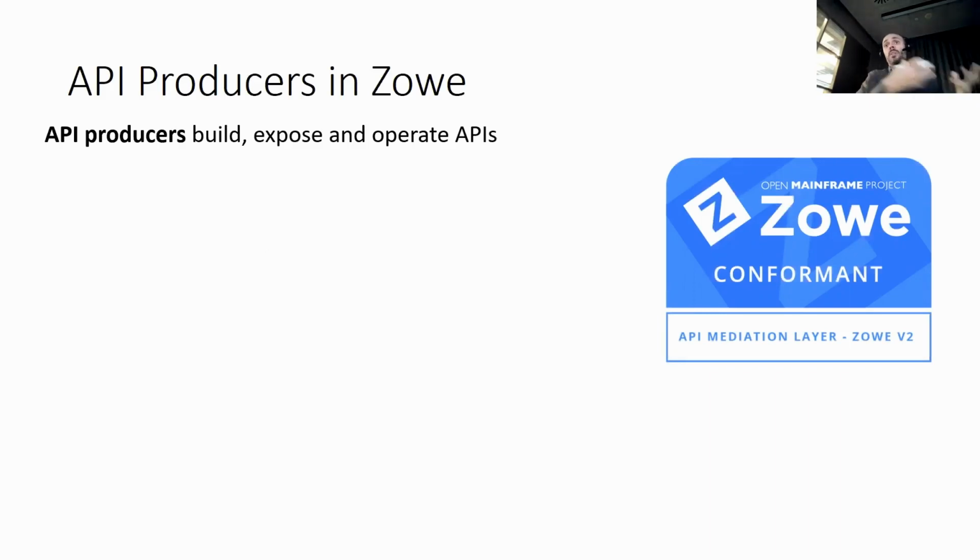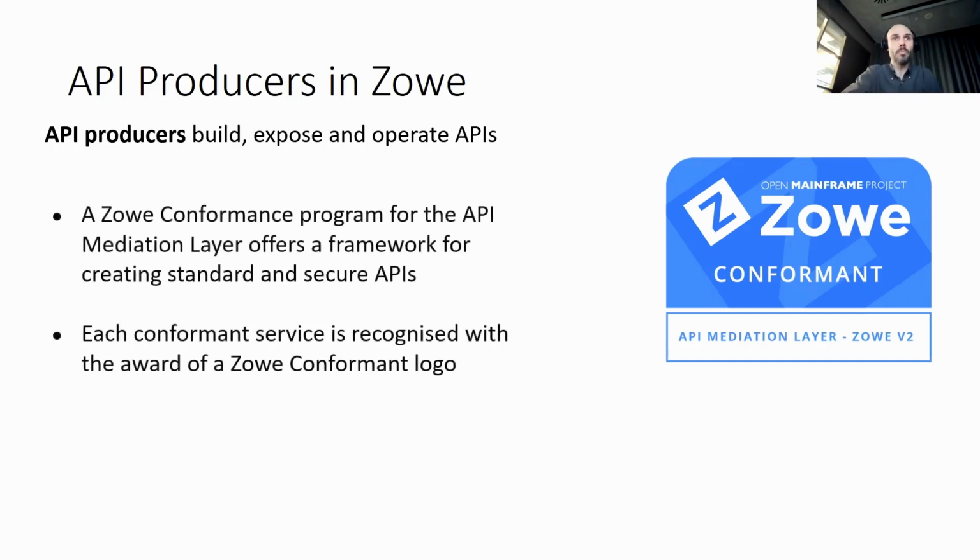I talked earlier about Zowe, an open source framework. It has many contributions from different vendors, and so to ensure that we have consistency across the APIs that are produced, we have a set of conformance criteria. Much of this centers around compatibility with a single access point to mainframe APIs, which is the API mediation layer. That refers to that first bullet point.